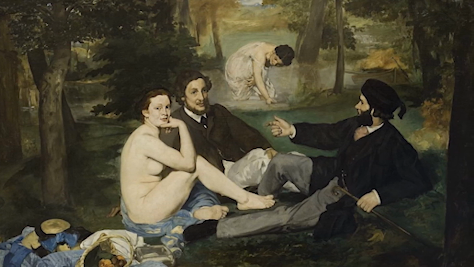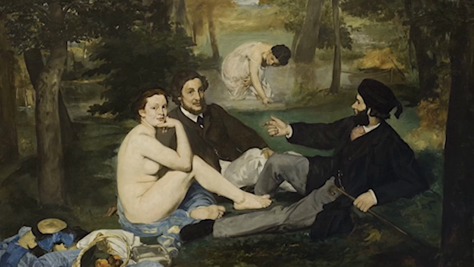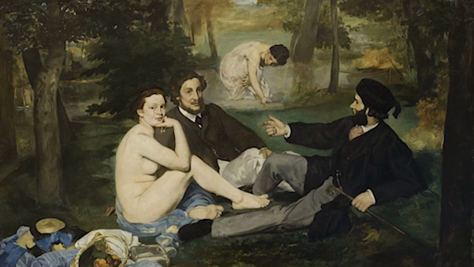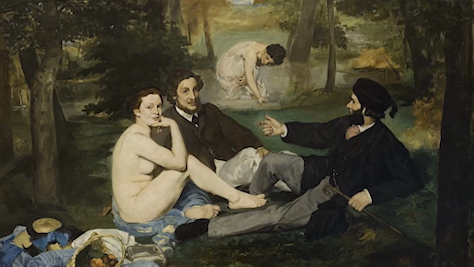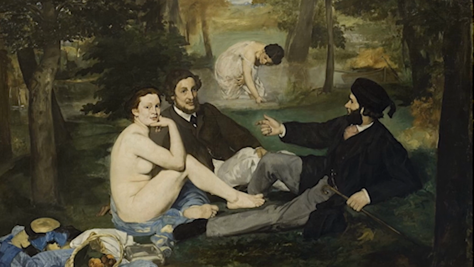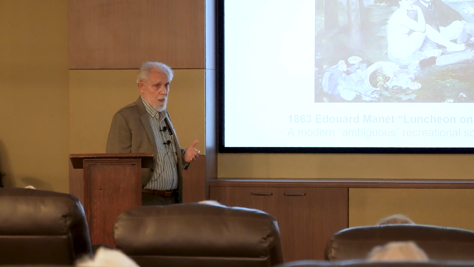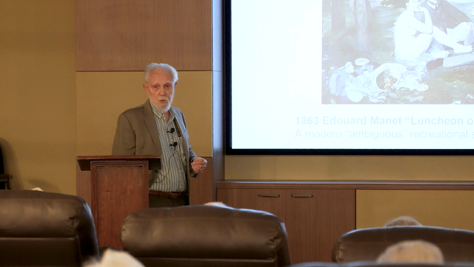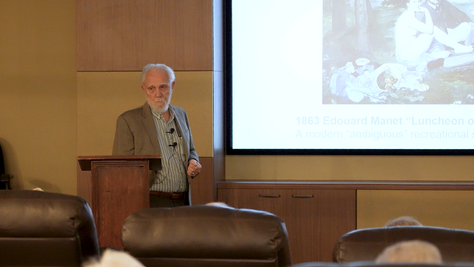And one of the critics at the time, when the painting was shown, said not only is the painting morally degenerate, but it's as flat as a bunch of playing cards. It's technically incompetent.